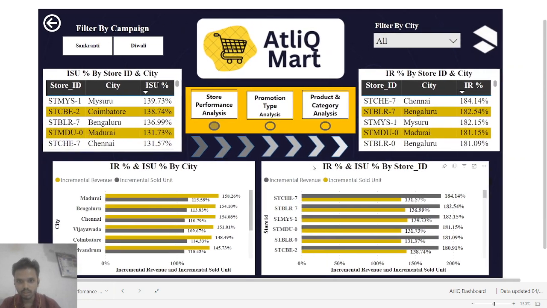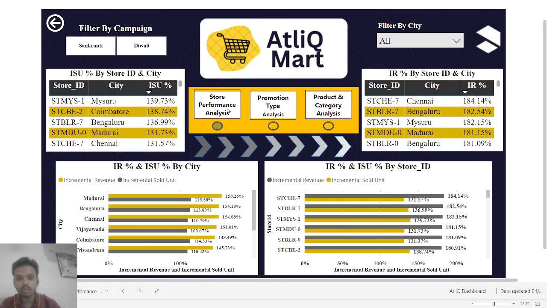So this is the store performance analysis page, where we can see first the ISU percentage by store ID and city. We can see that the top store IDs are STMYS 1, STCBE 2, STBLR 7, STMDU 0, STCHE 7, and more followed by them.